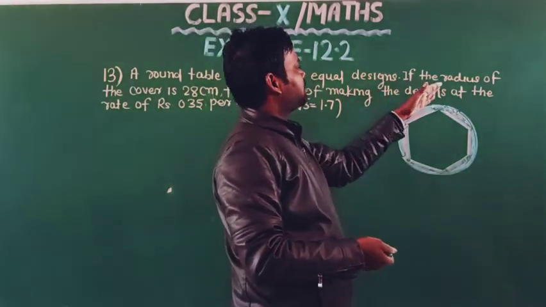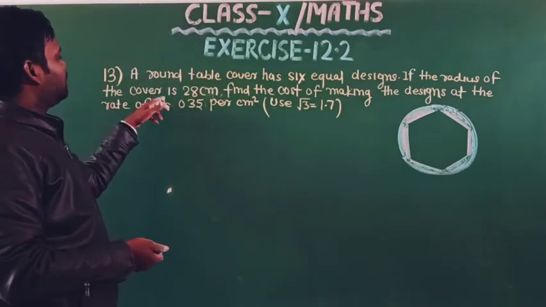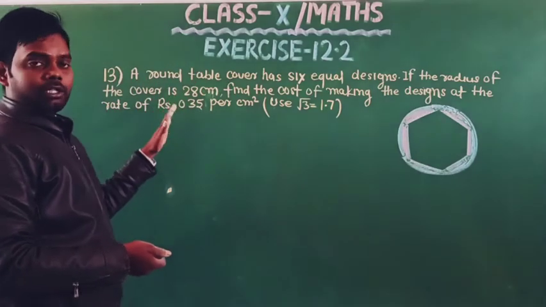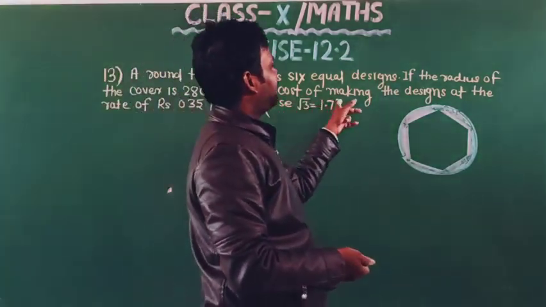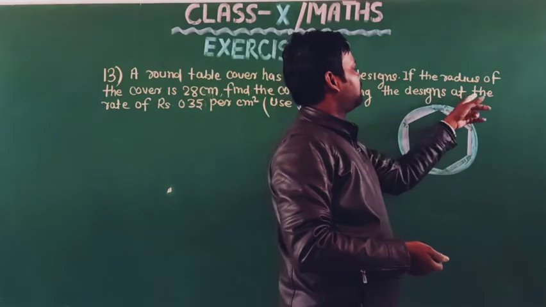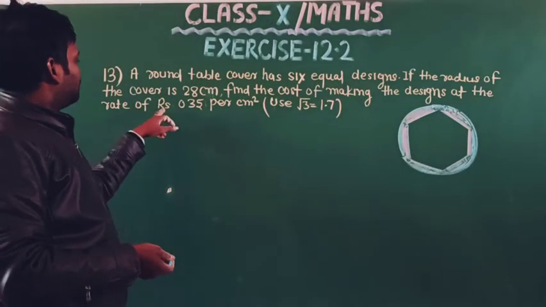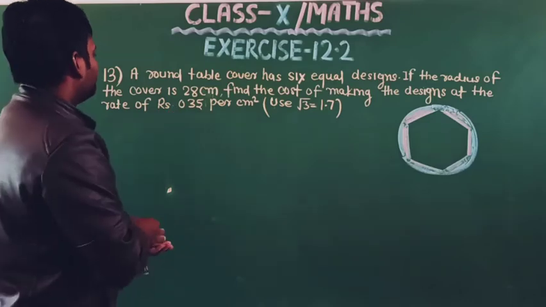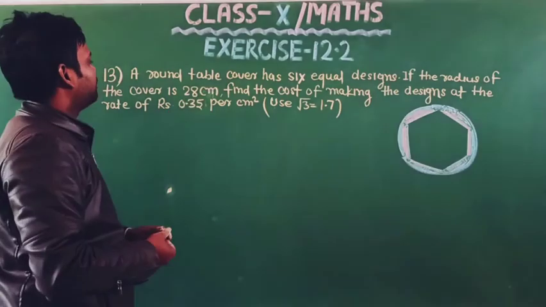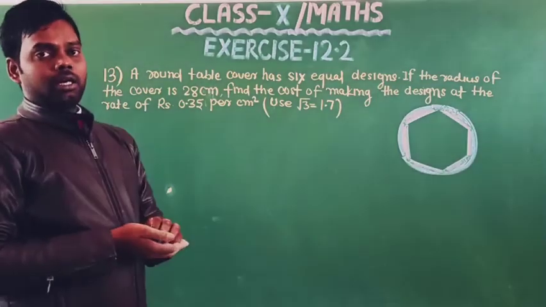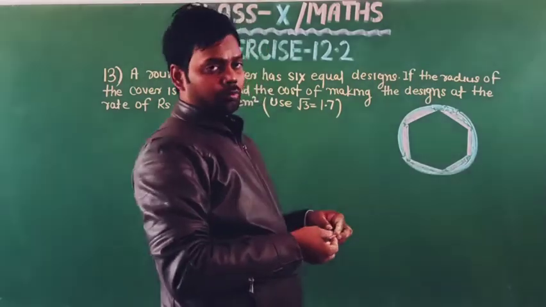If the radius of the cover is 28 centimeter, find the cost of making the designs at the rate of rupees 0.35 per centimeter square, and use the value of root 3 equal to 1.7.